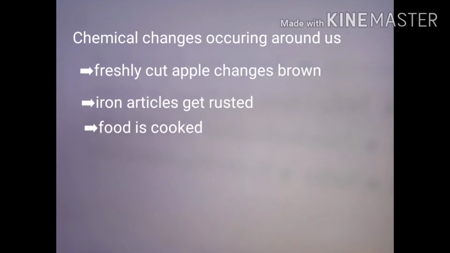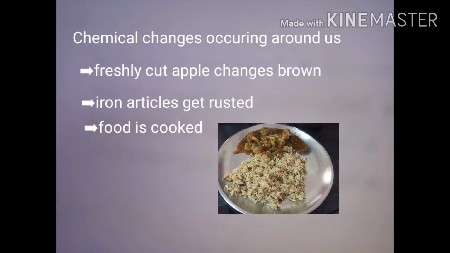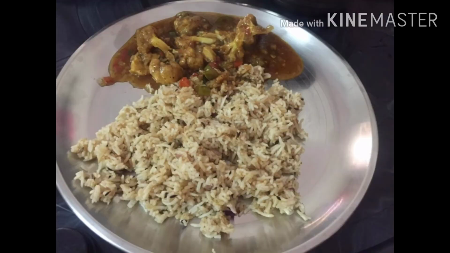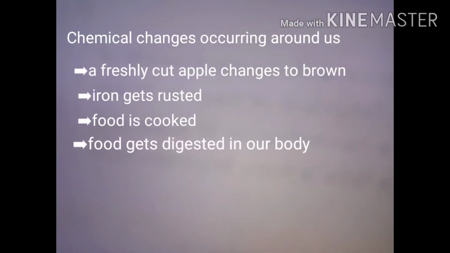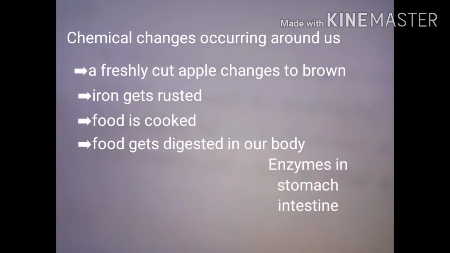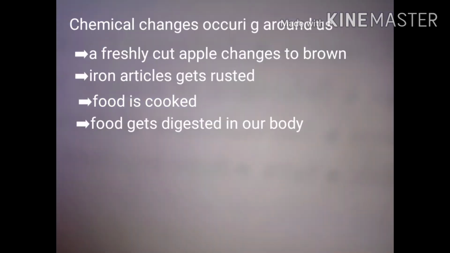Cooking of food is also a type of chemical change, as the raw vegetables used for cooking cannot be brought back again. Food gets digested in our body with the help of enzymes in the stomach and intestine. We respire to get energy from food.